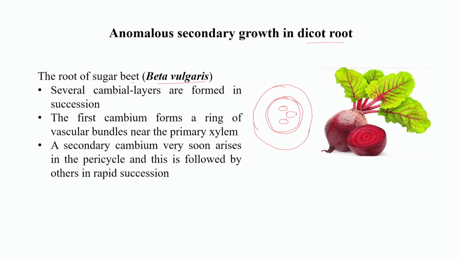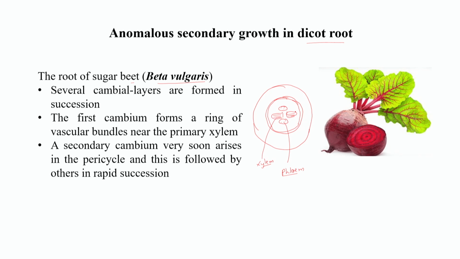Okay, you will have xylem and you will have phloem. This is the xylem and this is the phloem. Okay, so this is a diarch condition. Okay, two patches are there and the rest of the tissues are also known as conjunctive tissue. Okay, they are parenchymatous in nature.